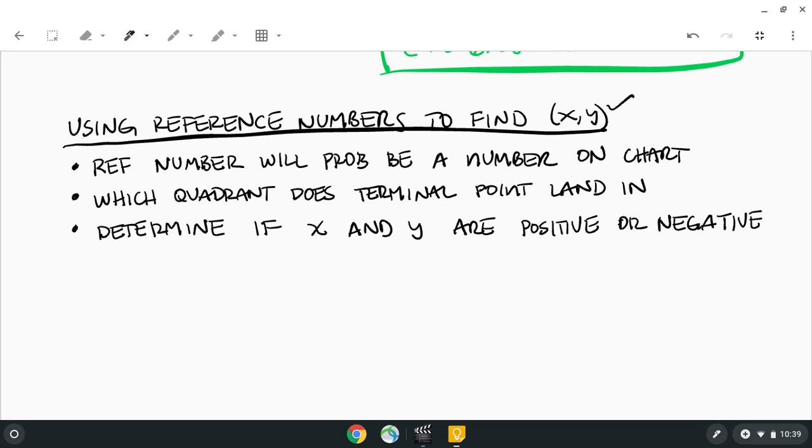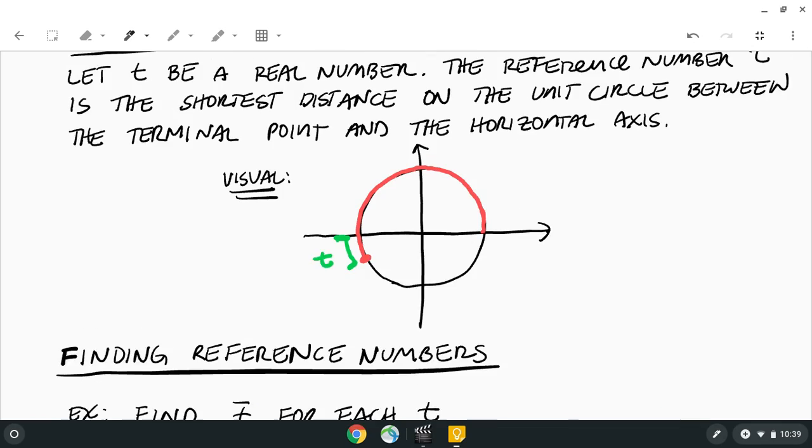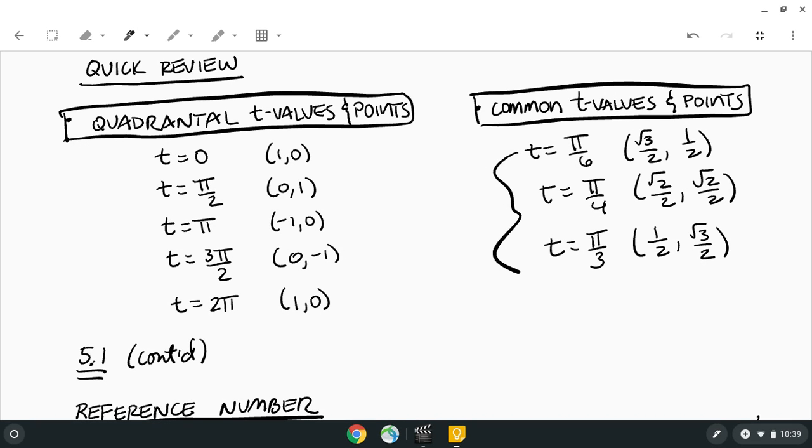When you look at the chart, let's go all the way to the beginning. When we looked at the charts here, for the most part, these right here are all in quadrant one.